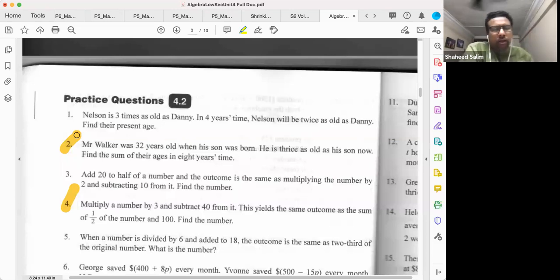If you feel you don't need to use algebra for this, I'm already doing it mentally. Yeah, but some will not be able to solve without algebra. They want to sum their ages in 8 years' time.